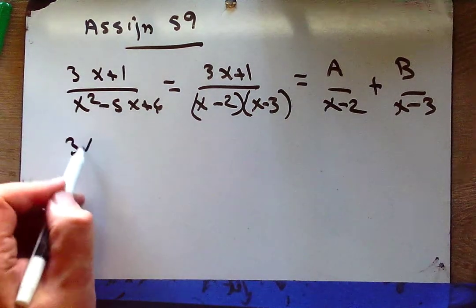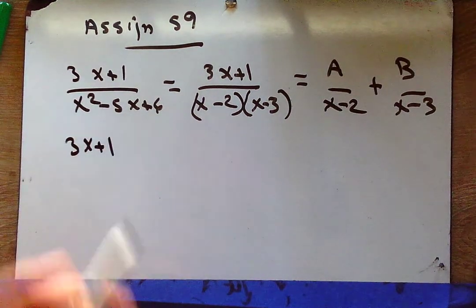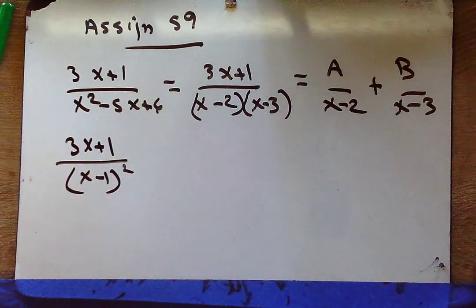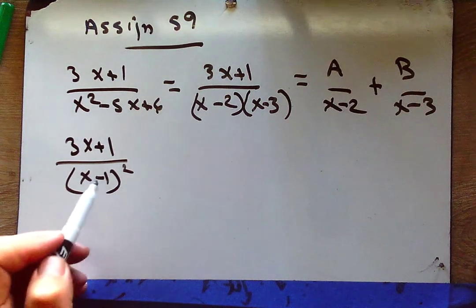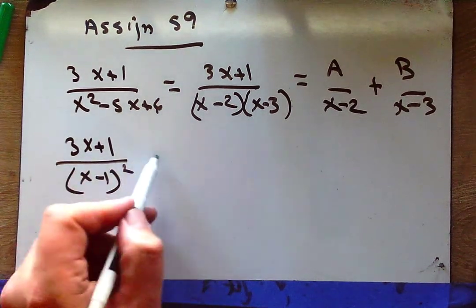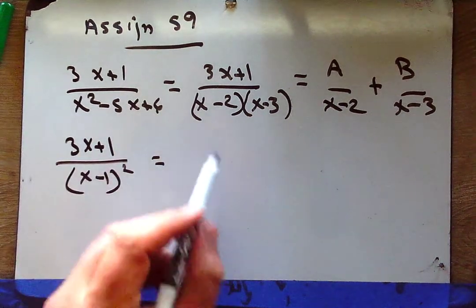What about this one? 3x plus 1 over x minus 1 squared. Well, here, this is repeated linear factors. These things are linear, and I have more than one of them. So this is case 2.